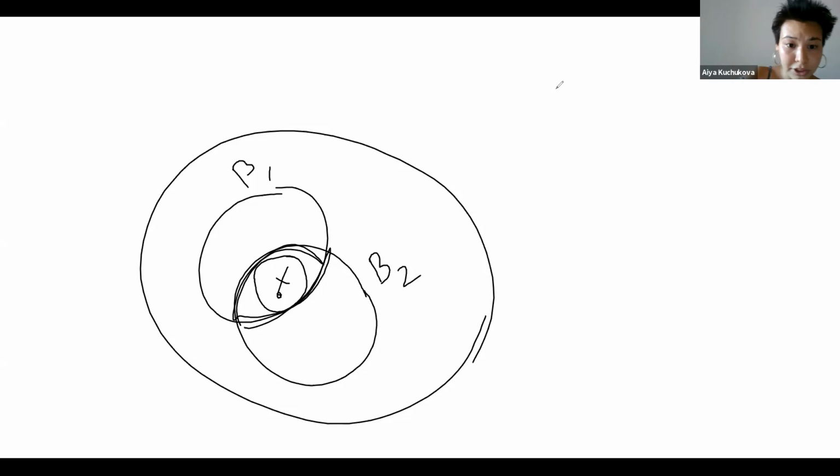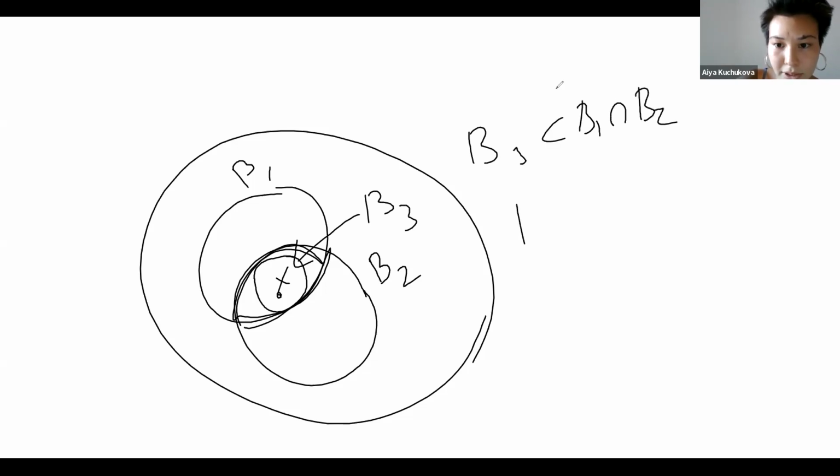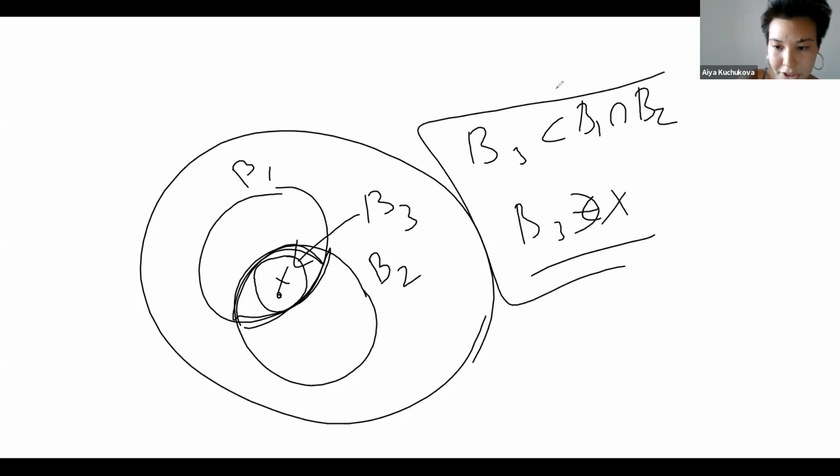And so we just define it to be B3. So we just found a B3, which is inside of the B1 intersect B2, and B3 has x. So that was our second condition we needed to prove that it's a basis.